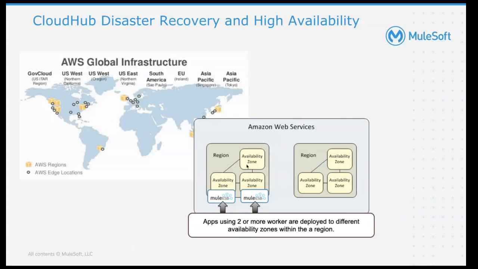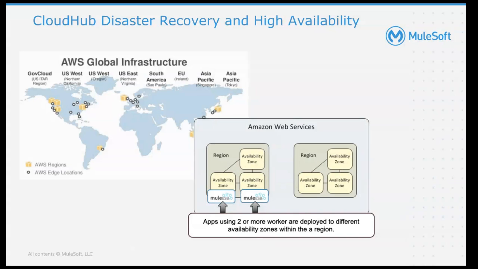Availability zones are a part of Amazon functionality. Basically, the requirement is they must be located at least 60 miles apart. So if there is some disaster happening in one of the availability zones, you are still protected with the other availability zone. So that's how you would do high availability.